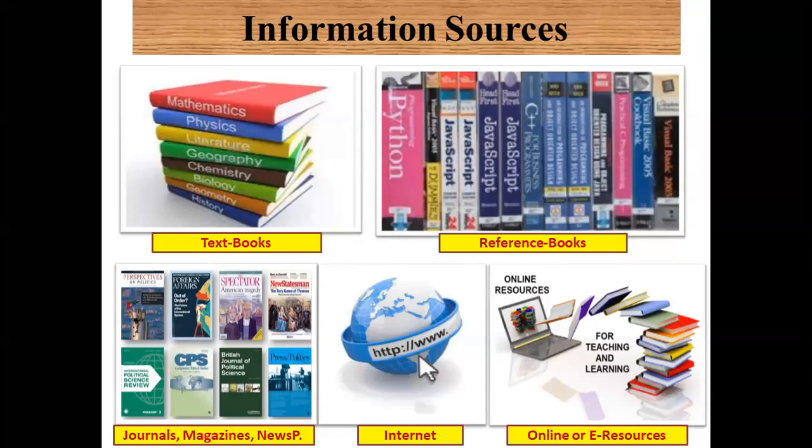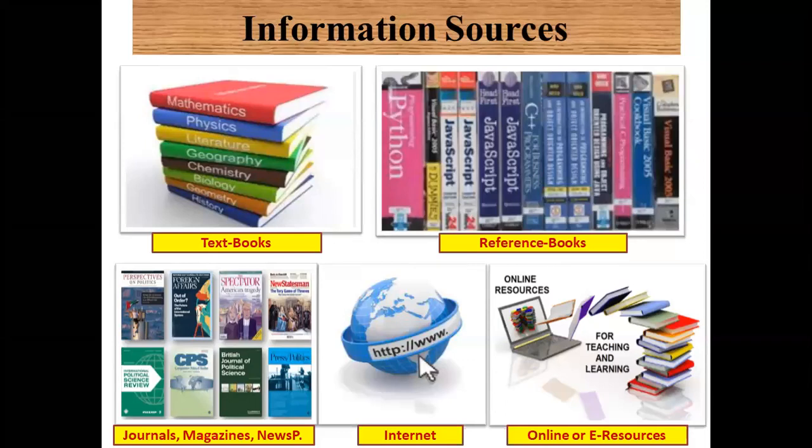Journals will contain research papers and research articles written by experts in the field. So if you want any content on, say, logistics or supply chain management, if you go to journals, you can get an entire journal on supply chain management.